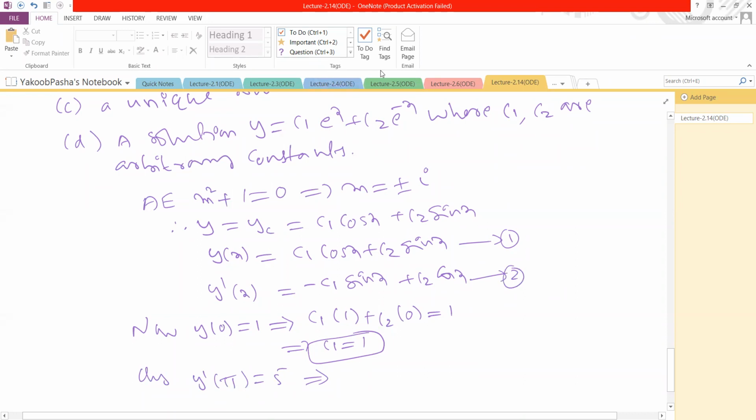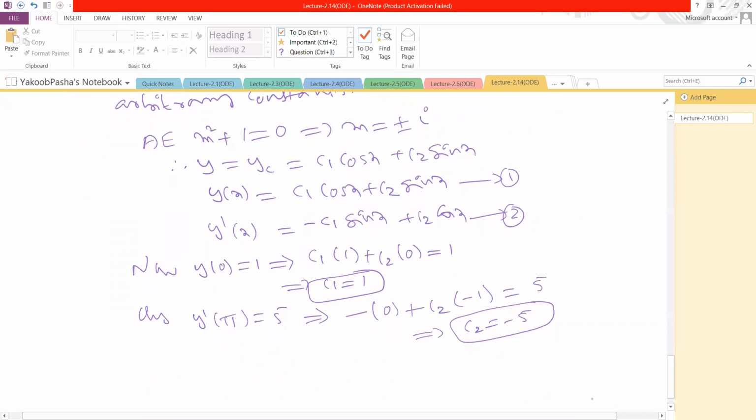So while applying, y dash of x is equal to minus c1, whose value is 1, that is 1 into sin 0. This is completely 0, plus c2 into cos pi. Cos pi is minus 1, that is equal to 5. So from this we can write c2 is equal to minus 5. c1 is equal to 1 and c2 is equal to minus 5.